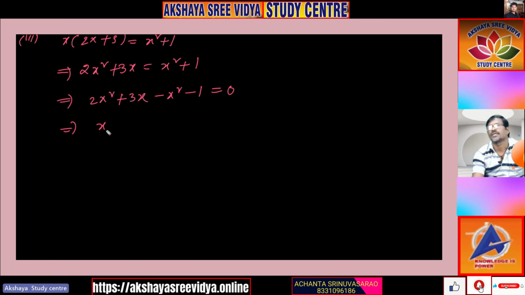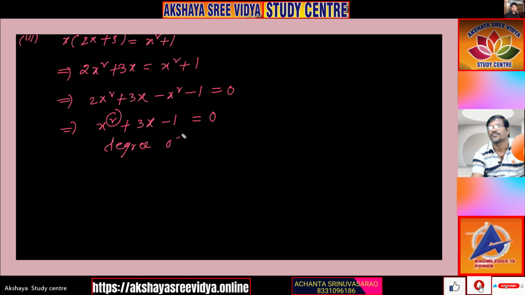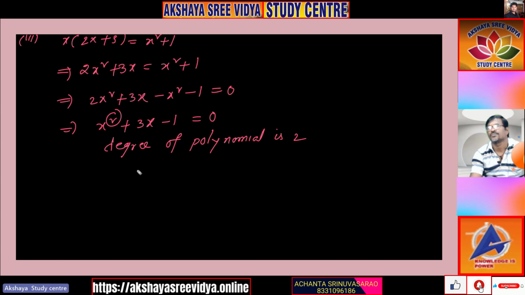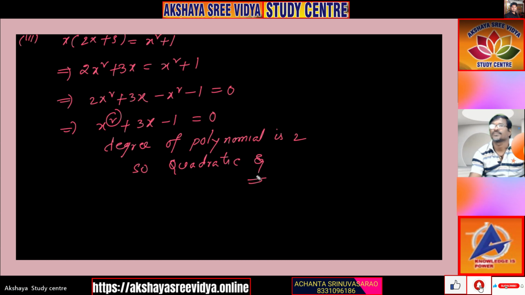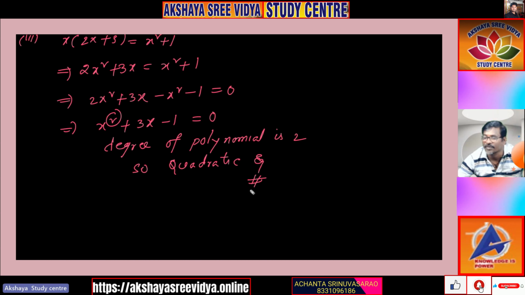This implies x square plus 3x minus 1 is equal to 0. The degree of the polynomial is 2. So this is a quadratic equation.